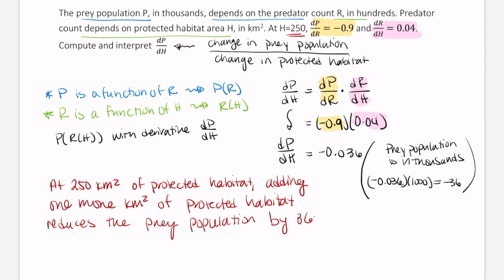So it might seem counterintuitive. If you were doing some sort of research or trying to figure out how to protect species, you'd be like, oh no, we're adding protected habitat and it's reducing the number of, say, bunnies, but maybe that's because there's more wolves eating them, right? So the reduction in prey is likely just due to an increase in the predator population.